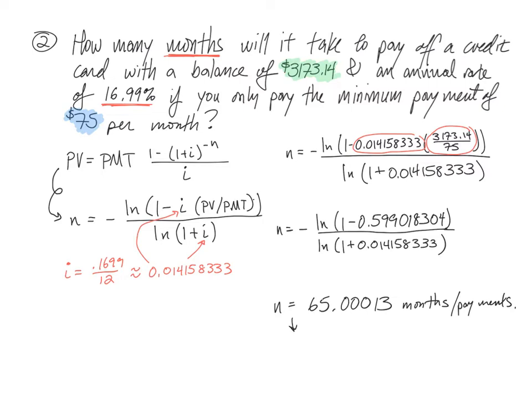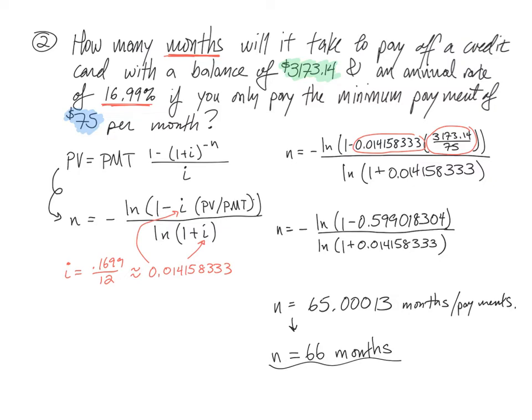So you will always round up to the next whole number, and this would be 66 months. Now, a few more thoughts about this. So the final answer here would be 66 months. So the next couple thoughts would be, just take a look.